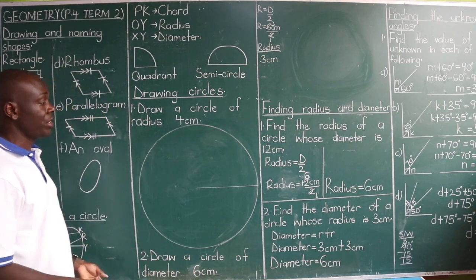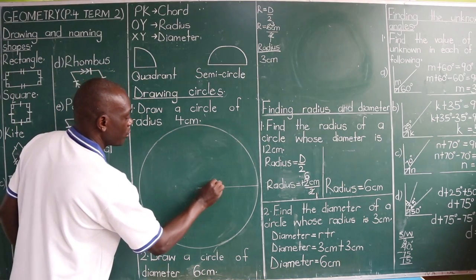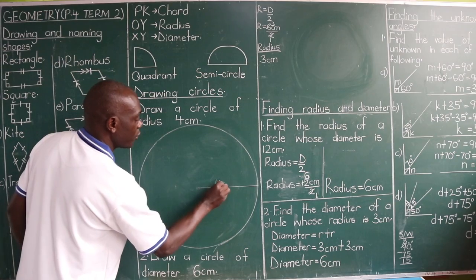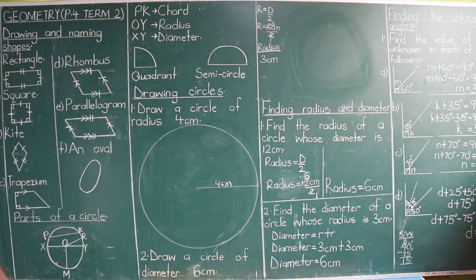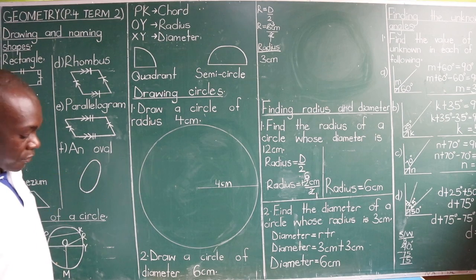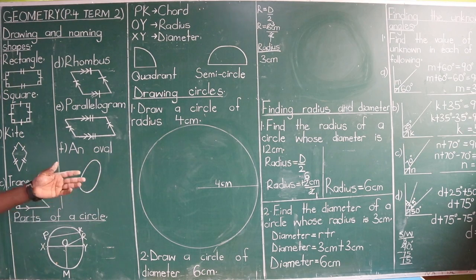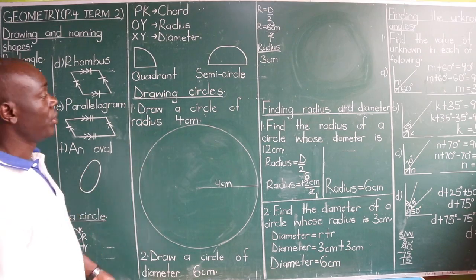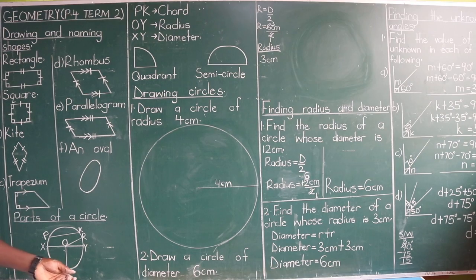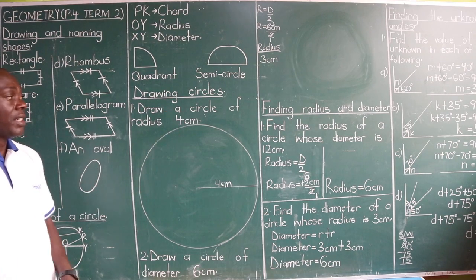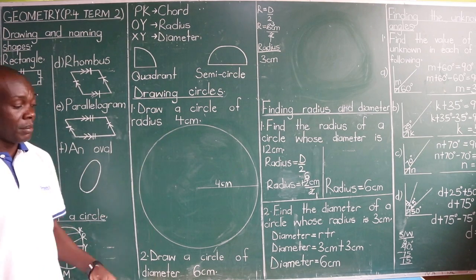Remember I told you about radius? I'm very sure I measured my 4 centimeters, and this is my 4 centimeter radius. And so doing, my circle is fully done. That is what we call drawing a circle using a pair of compasses, having measured the 4 centimeters.